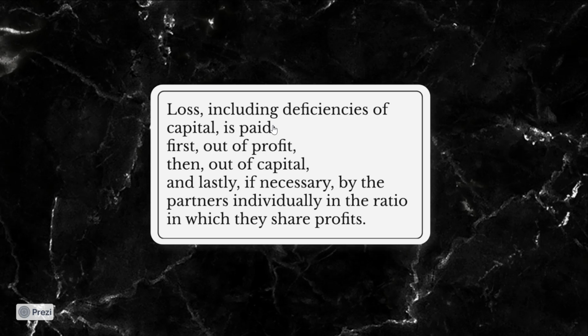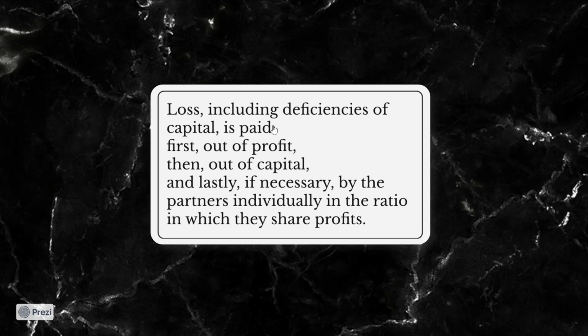Any loss, including deficiency of capital, is paid first out of the profit, then out of capital, and lastly, if necessary, by the partners individually in the ratio in which they share profits.